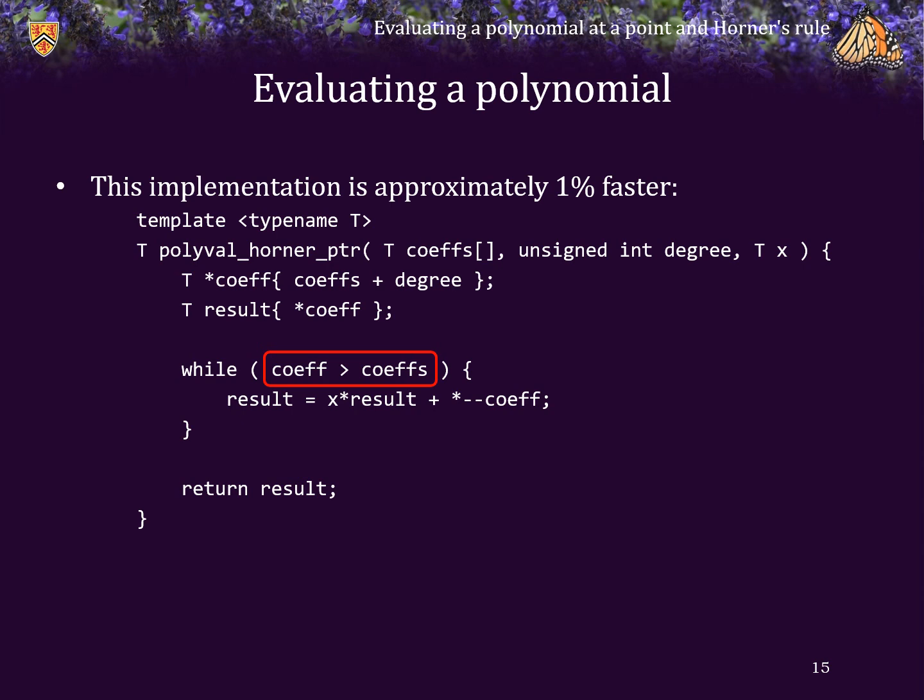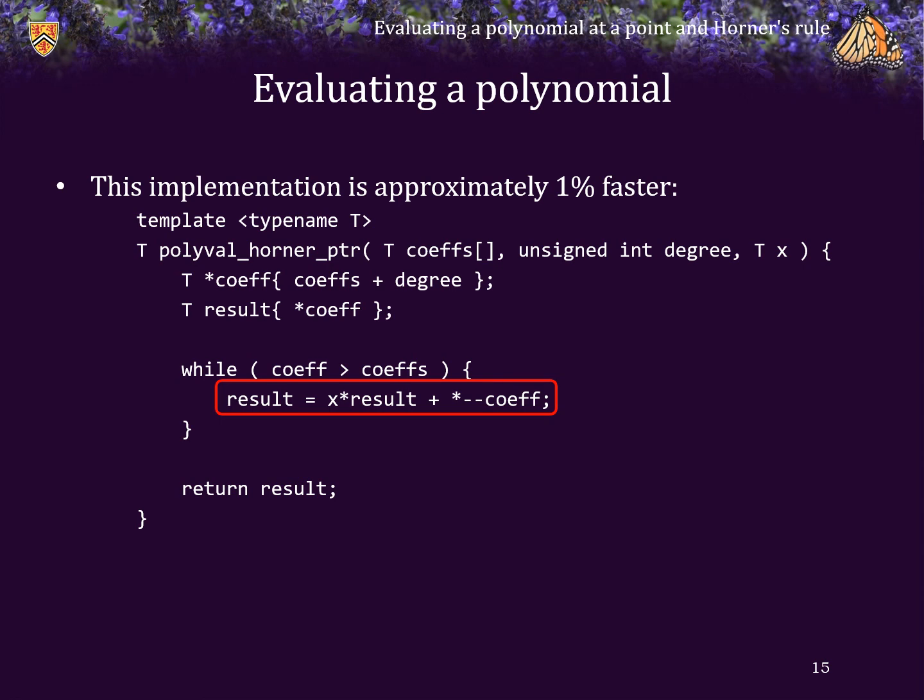Why are we going to do this? Because with each iteration of the loop, we will multiply the result by x, and then add star minus minus coef. So minus minus coef decrements the address by one index in the array, and it returns that new address.